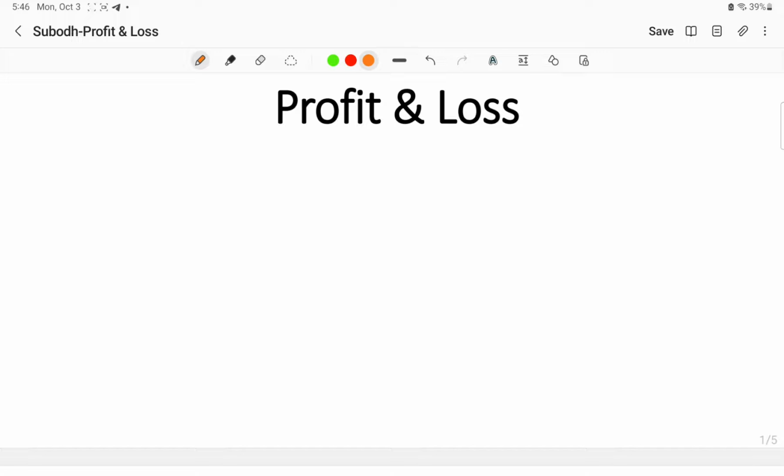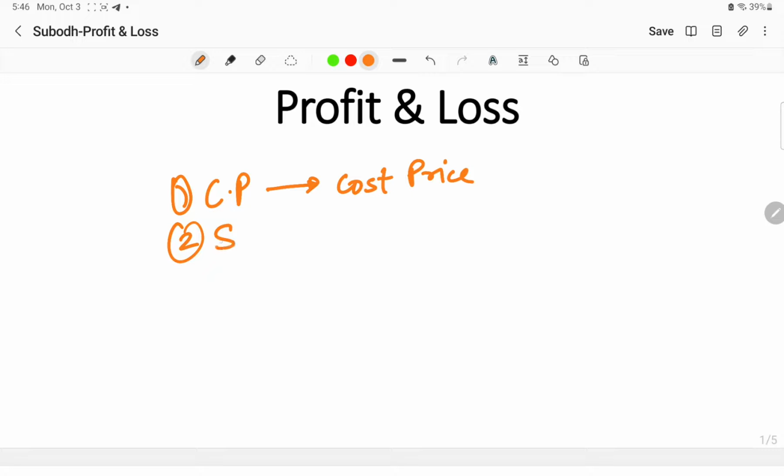Before starting the topic, let us discuss some important terms regarding profit and loss. There are two important terms. First one is cost price and second one is selling price.